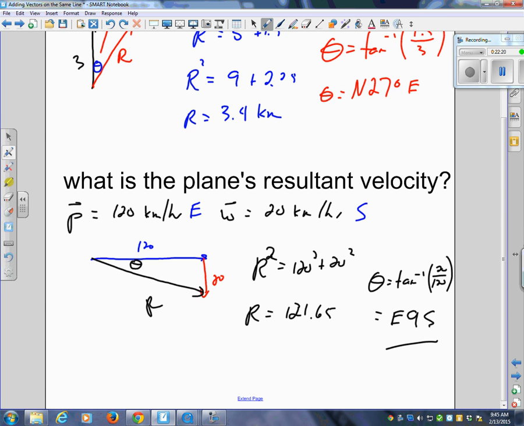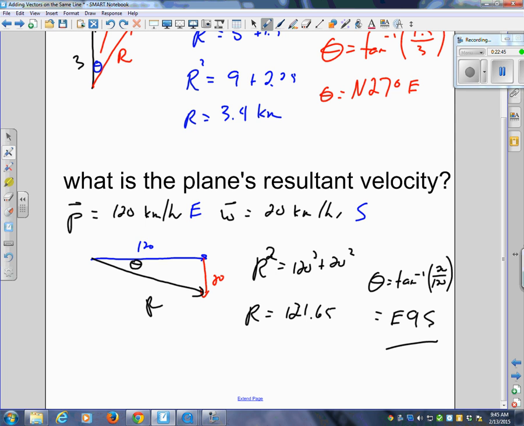What did I do wrong? Go 20 divided by 120, and then you got to go equals. It's 20 over 120.